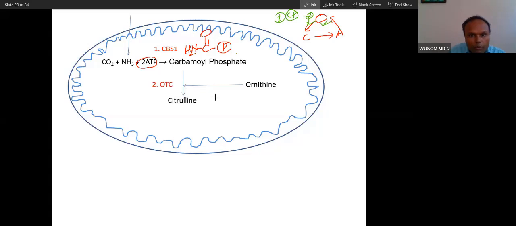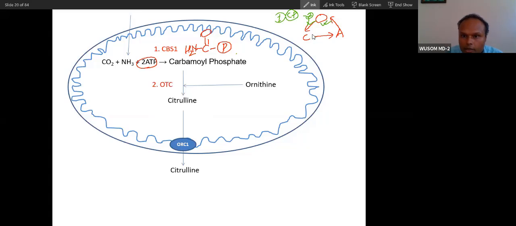Now ornithine becomes citrulline. So citrulline will come out of the mitochondria. These two reactions happen inside the mitochondria, and the rest of the reactions will happen outside the mitochondria. Citrulline comes out of the mitochondria through one transporter called the ORC1 transporter.